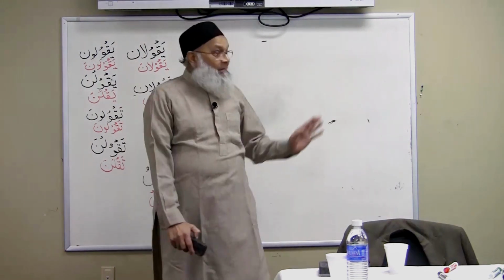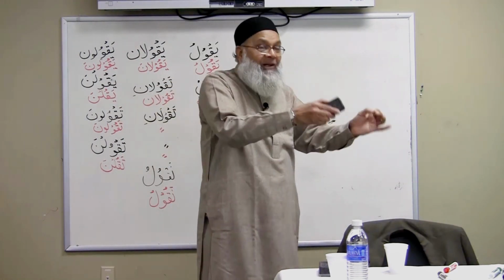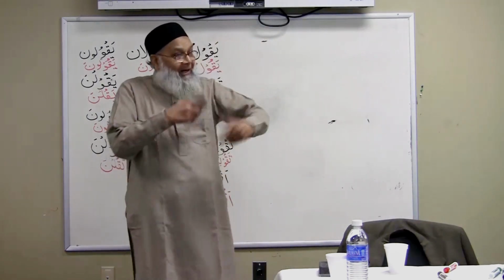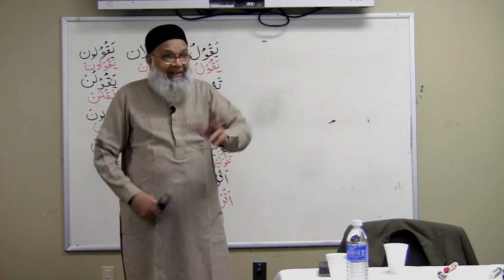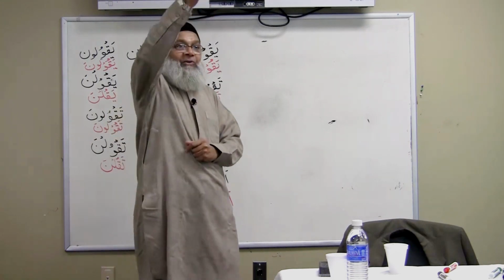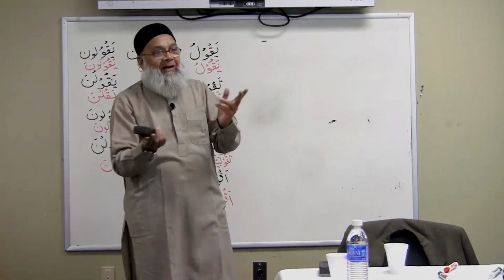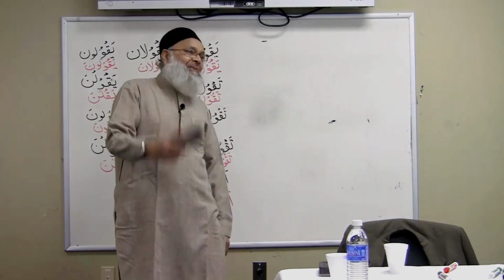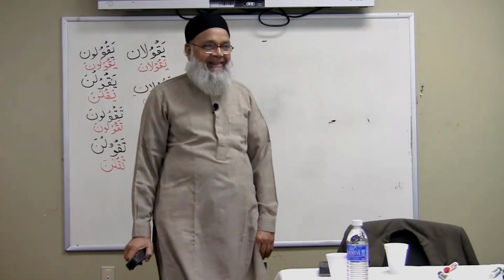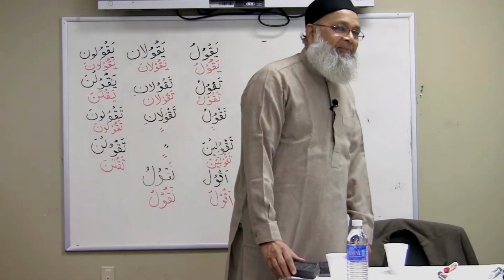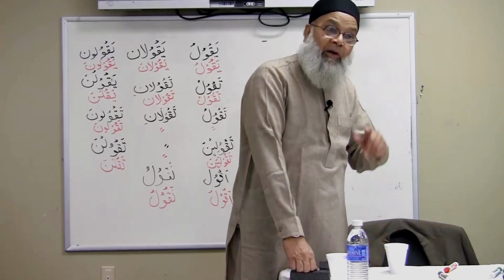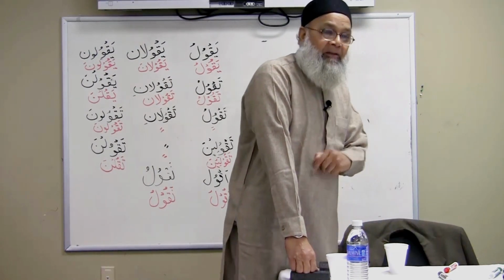Walam yakullahu kufuwan ahadun. Apparently it looks odd, going to fatha and then kasra and then dhamma. But it is beautiful. It's the beauty of Arabic, the beauty of the Kalamullah.